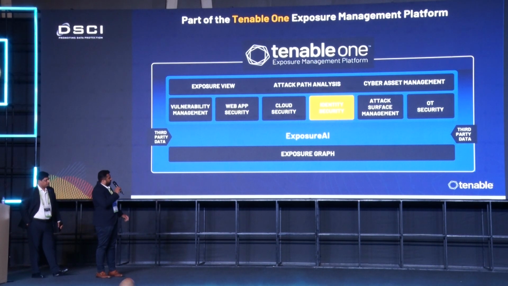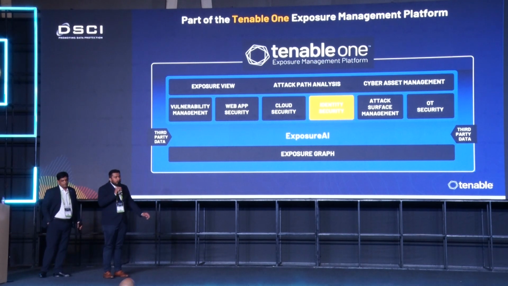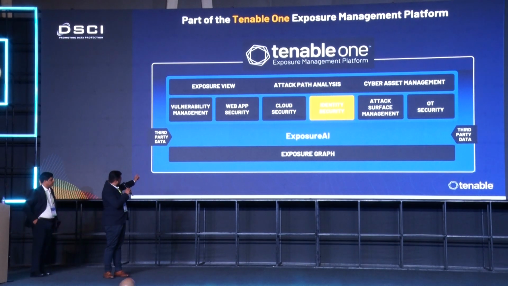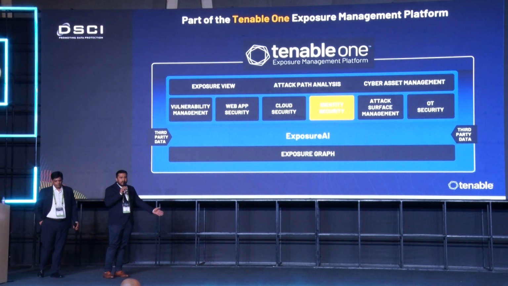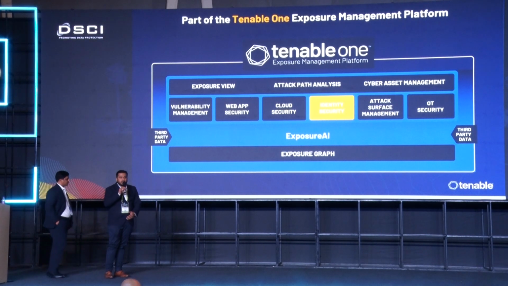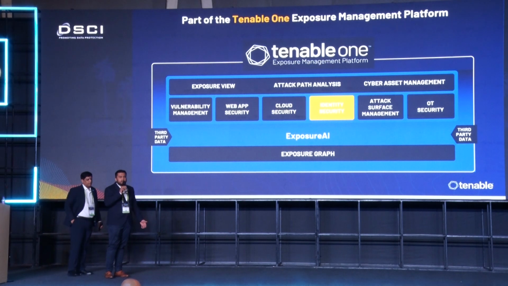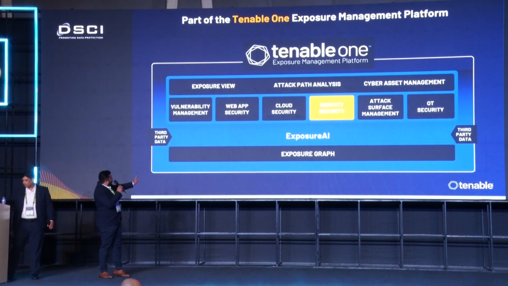Along with the natively integrated solutions, we can also ingest third-party data into our platform because it's built on the data lake and we have the capability. Along with that, we provide REST APIs to integrate with SIEM solutions, ticketing tools, or any other solutions for that matter. So that's all about it.